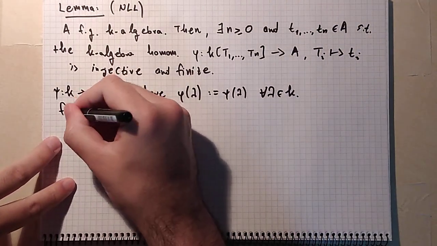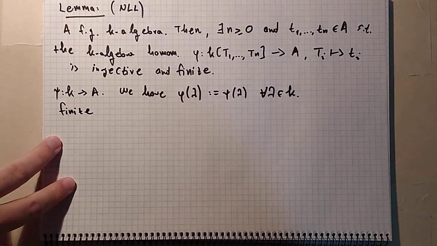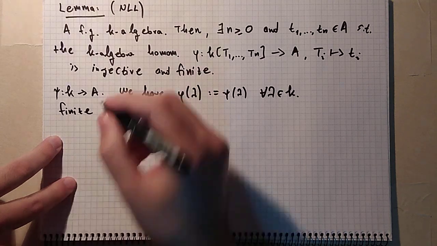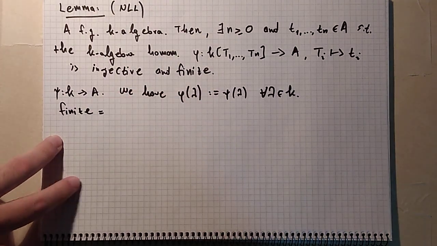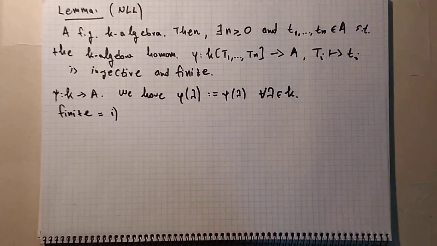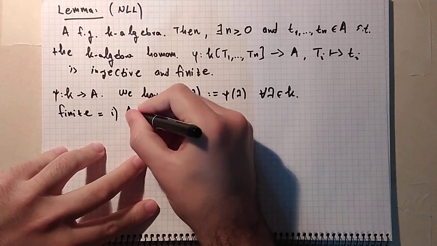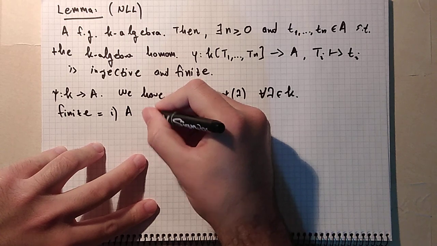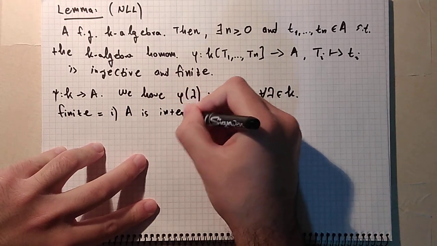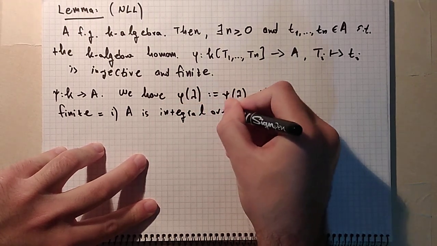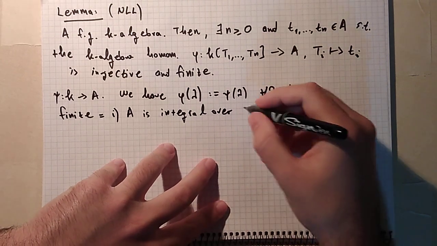So let's recall the finiteness of a ring homomorphism. Being finite means two things, and I think that I'm only going to use the first one, but anyway. It means that the ring A is integral over this polynomial ring.